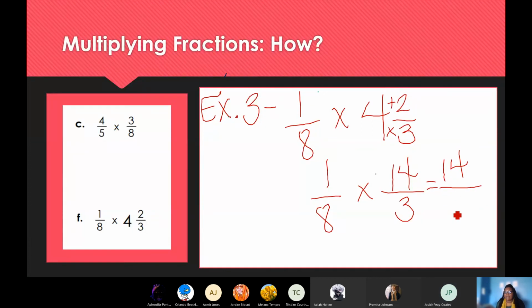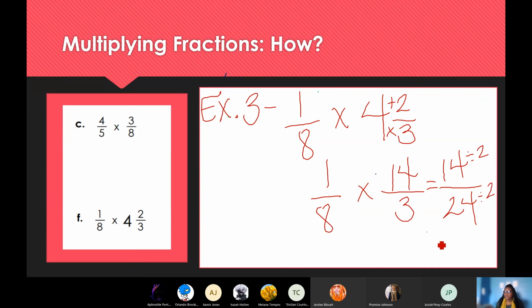And what is 8 times 3? 24. Is this fraction as simple as it can be? No. So I have to simplify my fraction by dividing by the greatest common factor. And the greatest common factor that both 14 and 24 will have in common is 2.